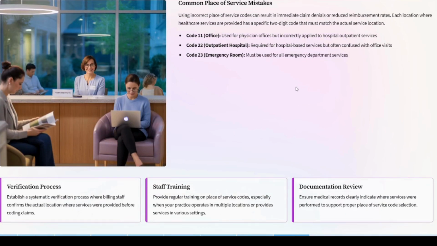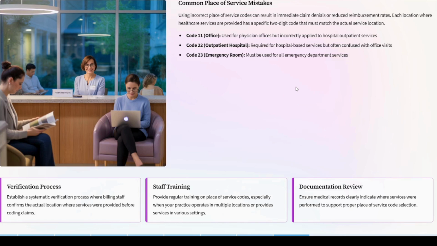All right, so you need to have a verification process. Establish a systematic verification process where billing staff confirms the actual location where services were provided before coding claims. Next, you want to have staff training in place.